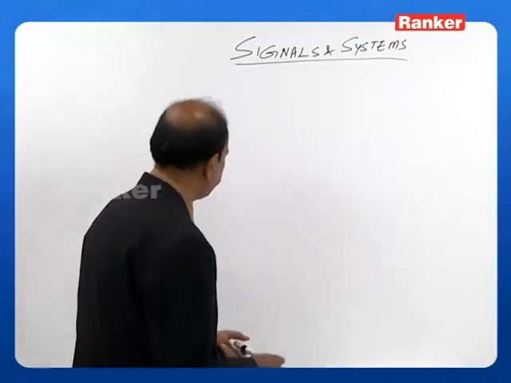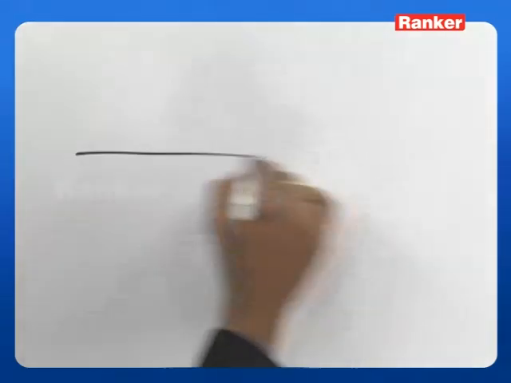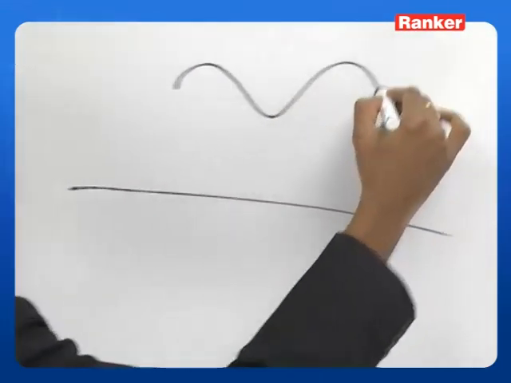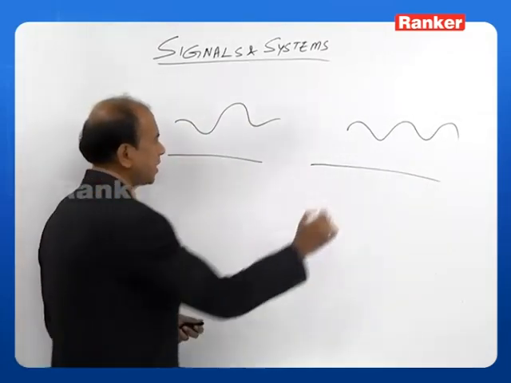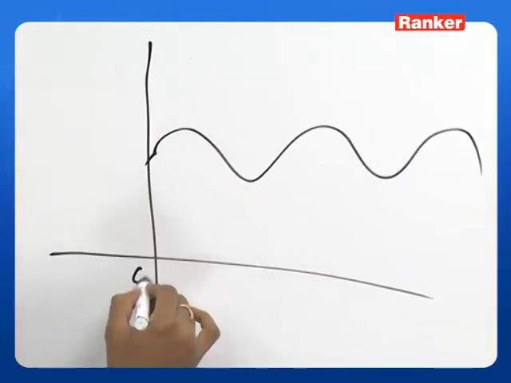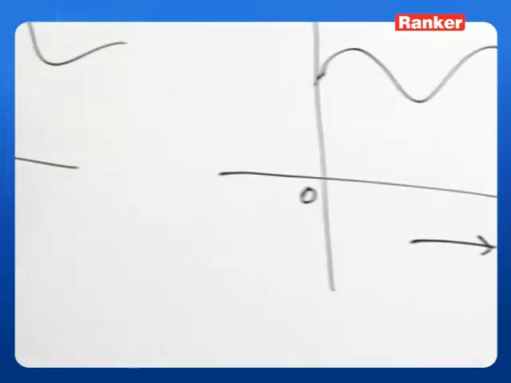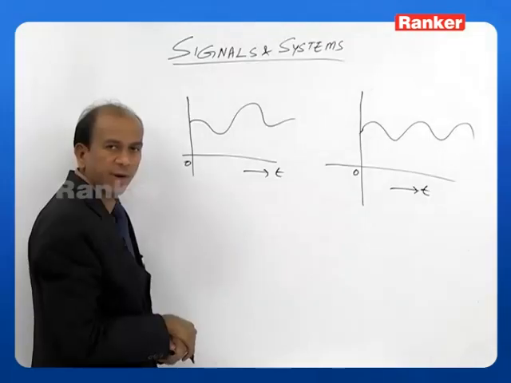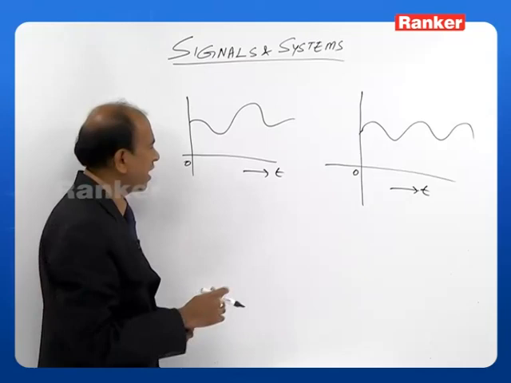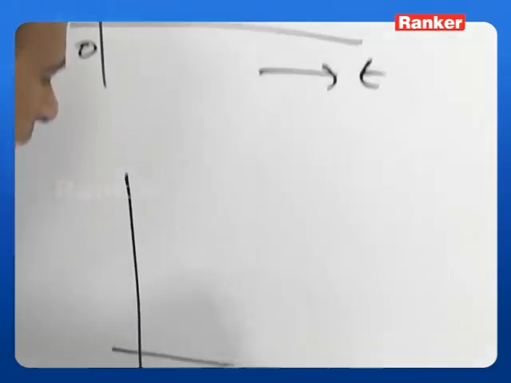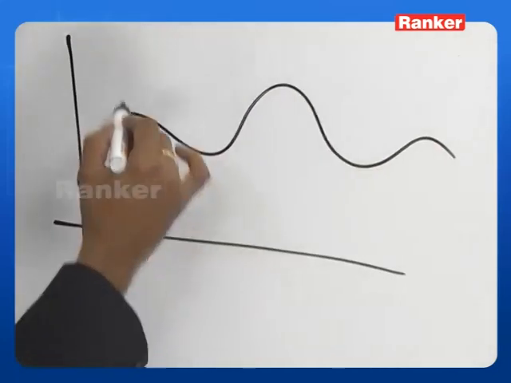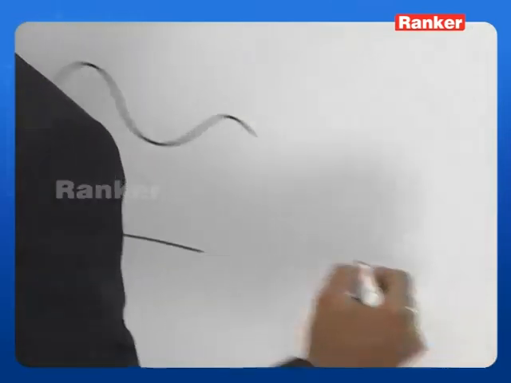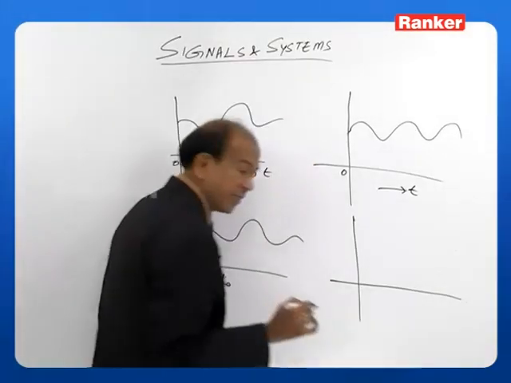Let us see this. For example, let us say I have an input like this and the corresponding output is something like this. Let us say this is my starting point 0, this is t. This is also t and this is 0. This is my input, that is my output. Let us say the input is delayed by a certain factor t naught. That means my input is starting at t equal to t naught, then the corresponding output, we said the shape will not change.